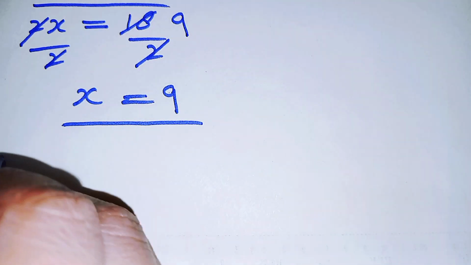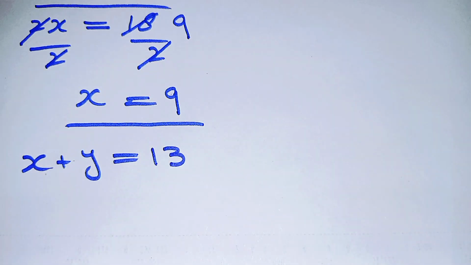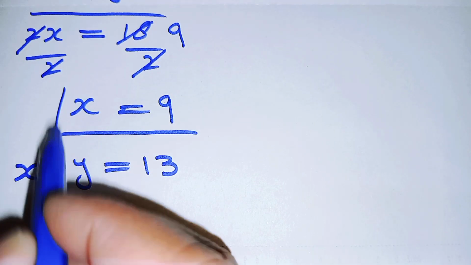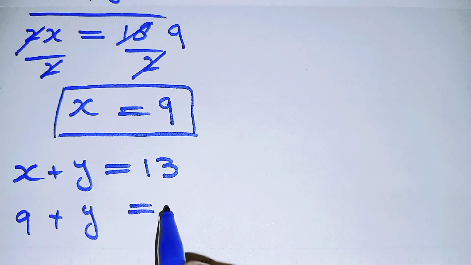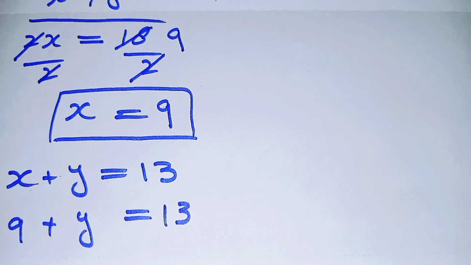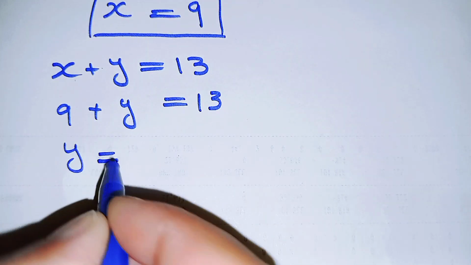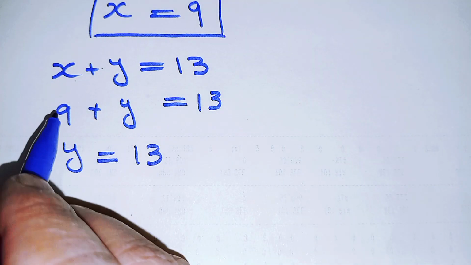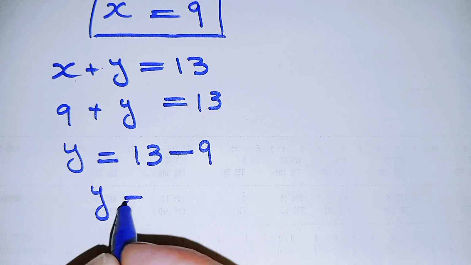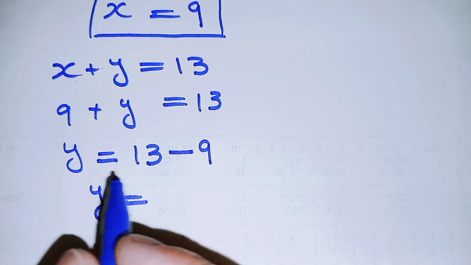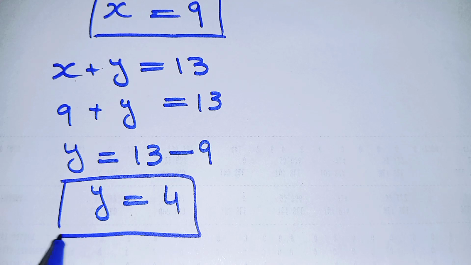Putting in the value of x, which is 9, we get 9 plus y is equal to 13. Now y is equal to 13, and we move the 9 to the other side as minus 9, so y is equal to 13 minus 9, which is 4. Here is the value of y.